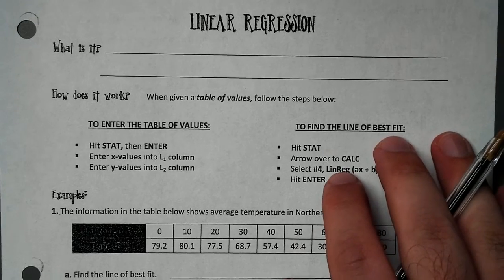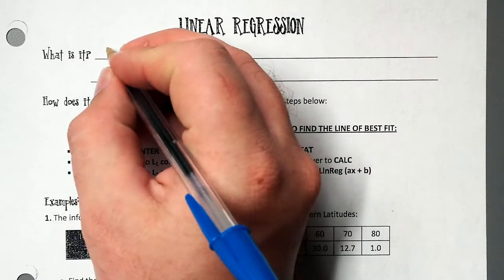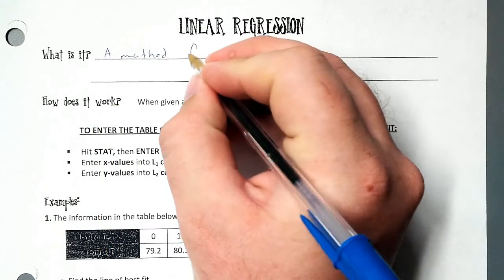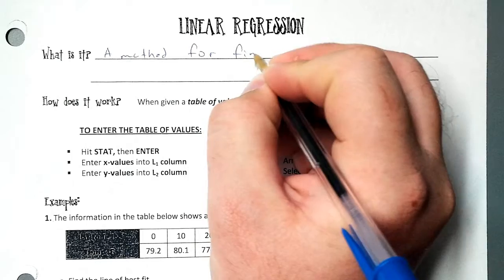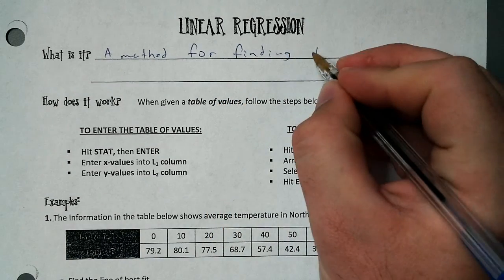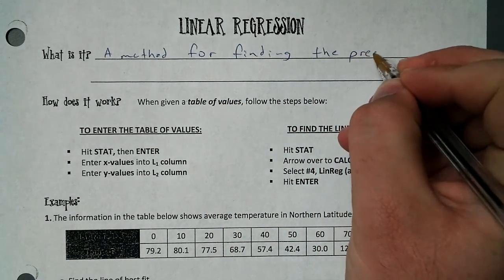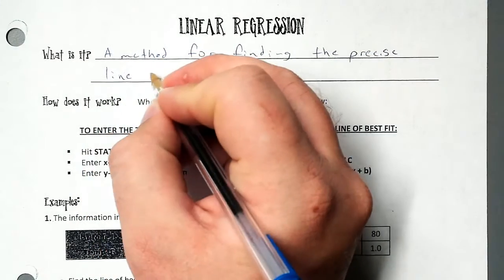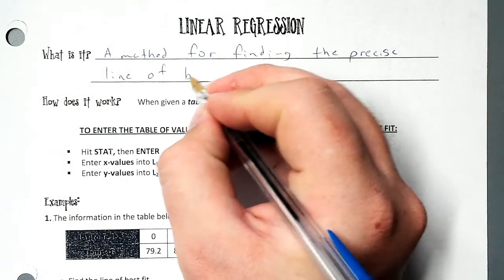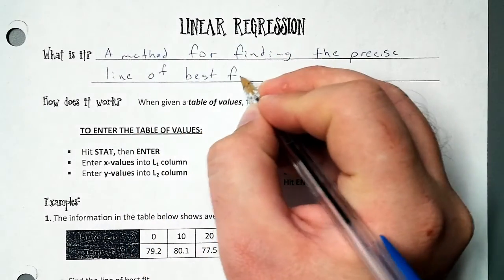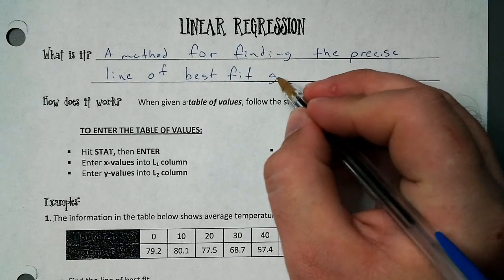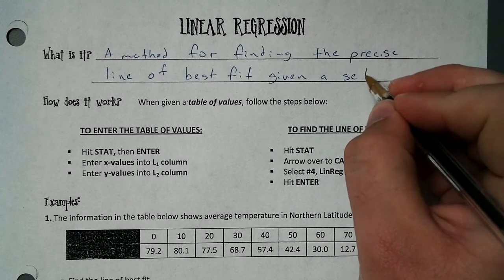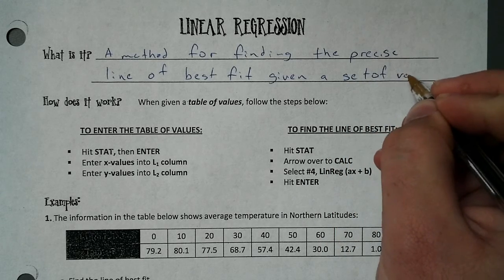All right, so linear regression. It is a method for finding the precise line of best fit given a set of values.